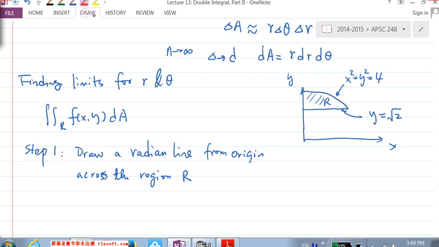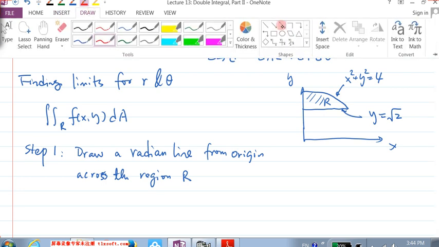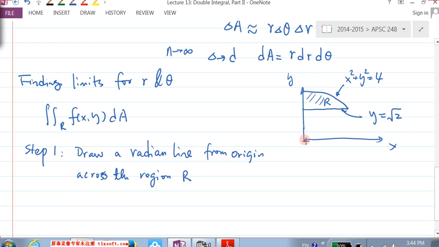Let's use red color. Let's draw a radial line here, starting from the origin, across this region R. Like that.